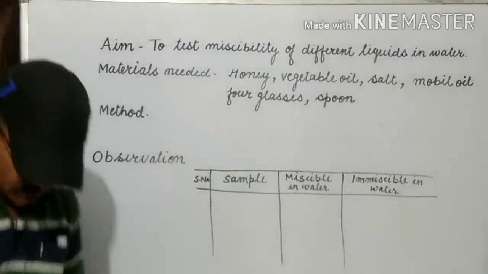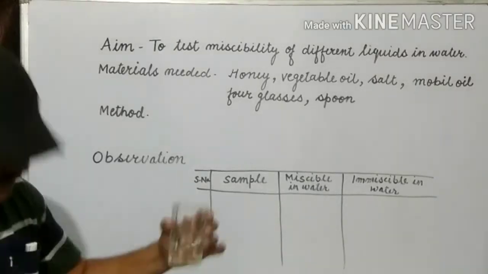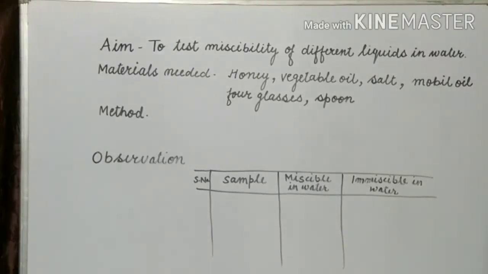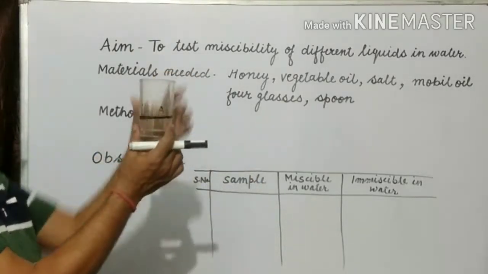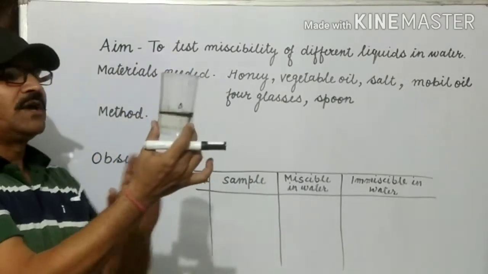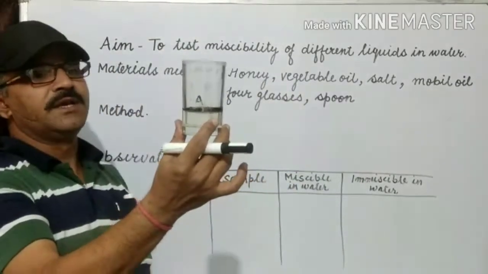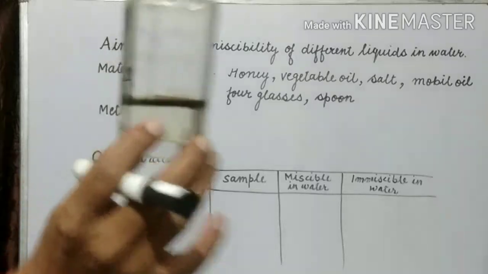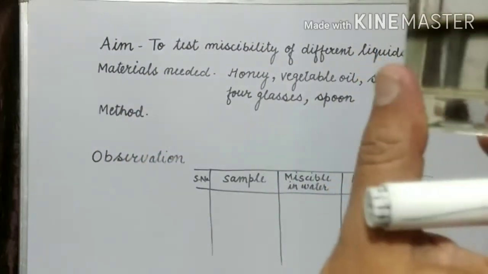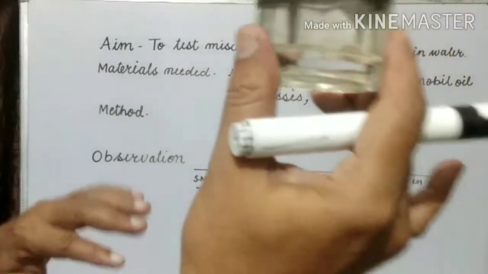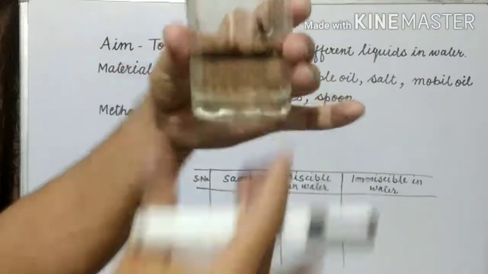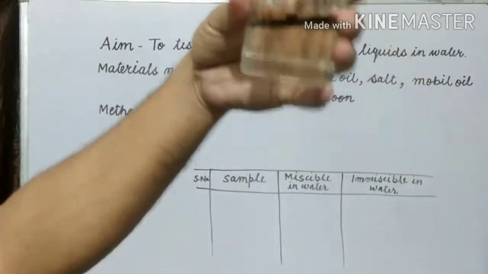Now first of all, I check A. We added water and we added the mobile oil. And now you see clearly it forms a layer on the water. It is not mixed with water.